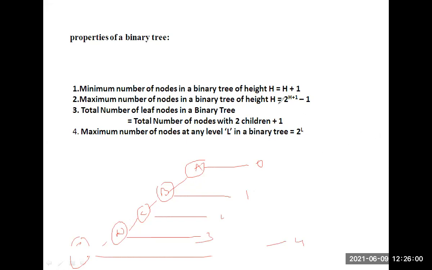So total height is 4, so h equals 4. Then h plus 1 equals 4 plus 1, that is 5. So the minimum number of nodes here is 1, 2, 3, 4, 5. So 5 nodes. It is a binary tree, and it is one of the properties.